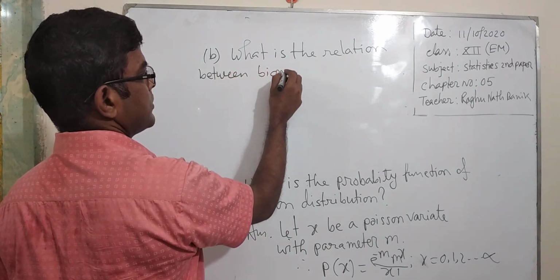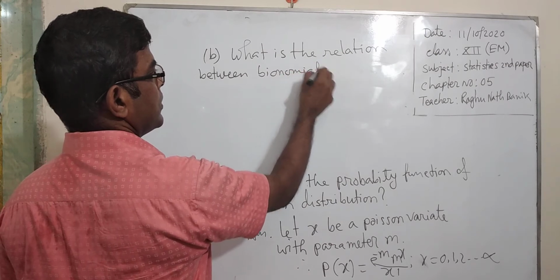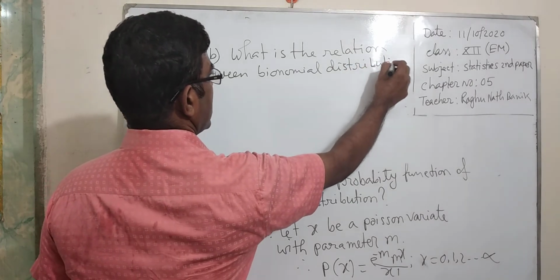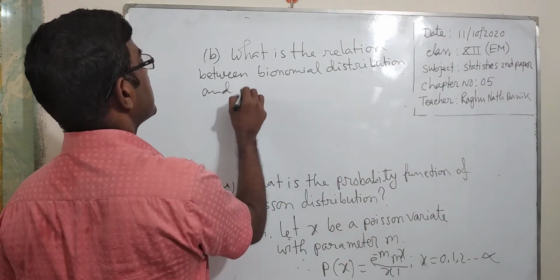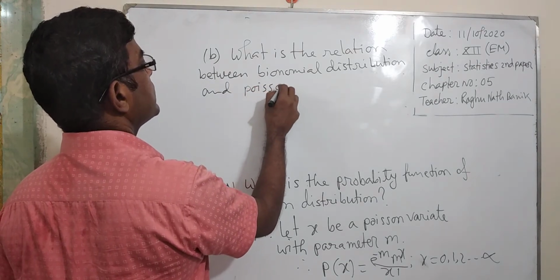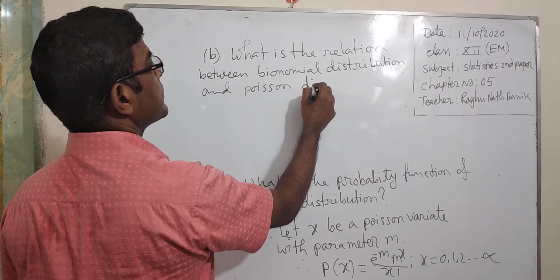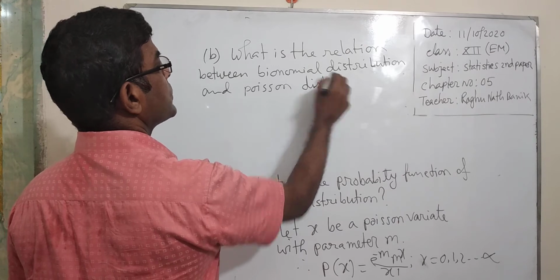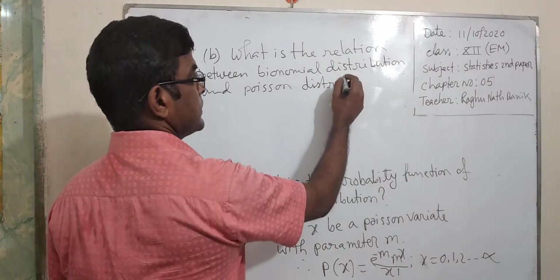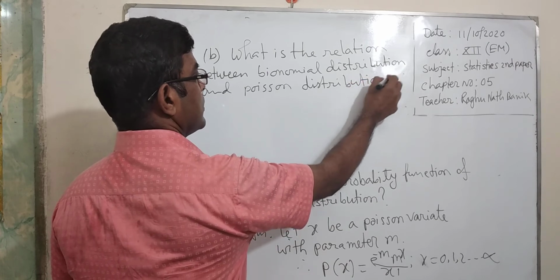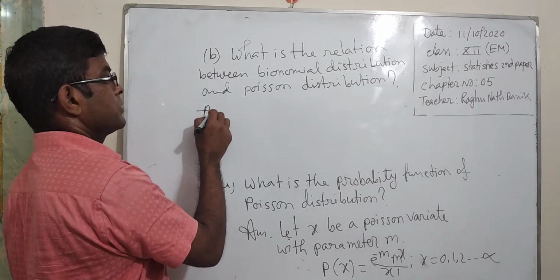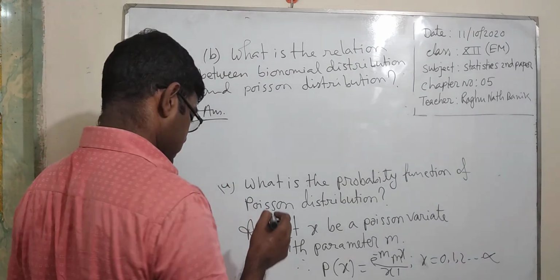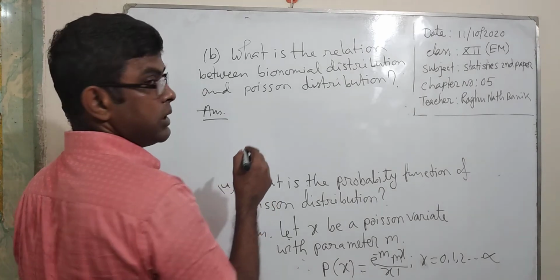You know the question. Answer: the Poisson distribution is a limiting form of the binomial distribution.